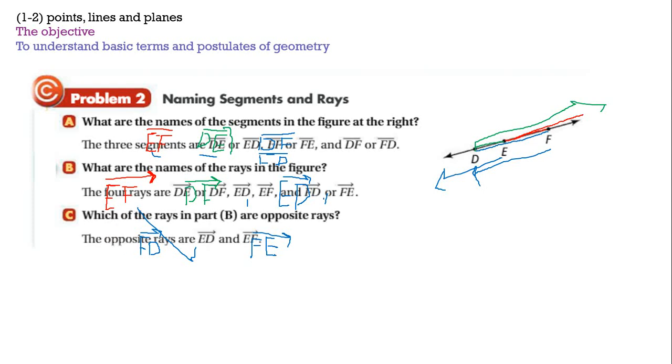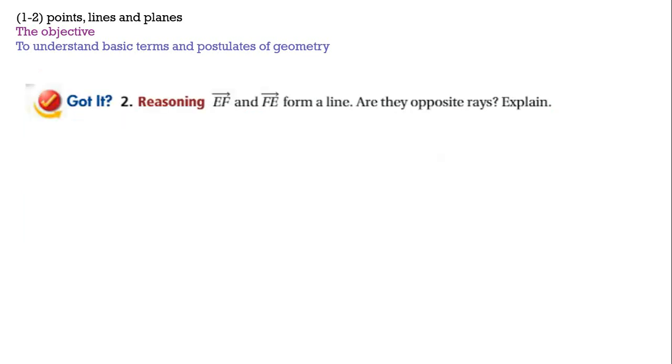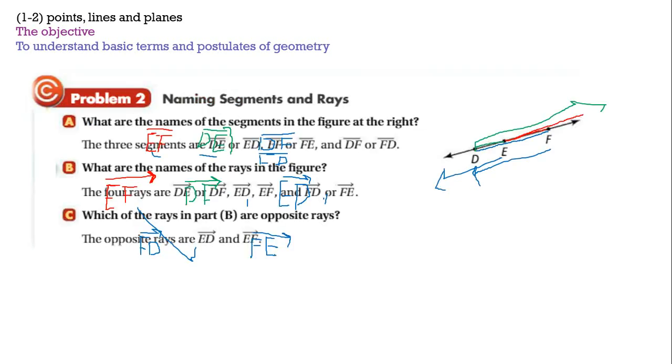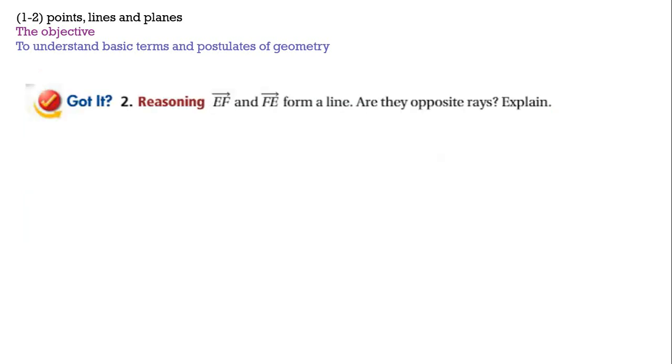Now, let's move on. Now, EF and FE form a line. Let's erase all this and then see what we have. Or let's draw it again.